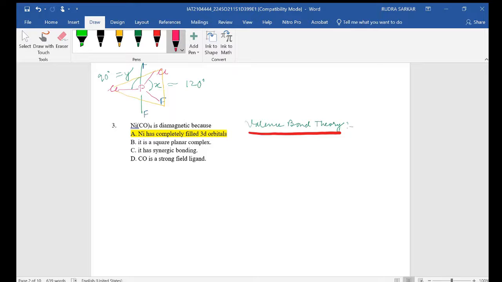Now for that, let us first consider for the Ni(CO)4, what is the oxidation state on the Ni. Carbonyl are neutral ligands. The complex as a whole is neutral, so the value of x out here we will say is 0. That means this is basically a nickel which is in 0 oxidation state.